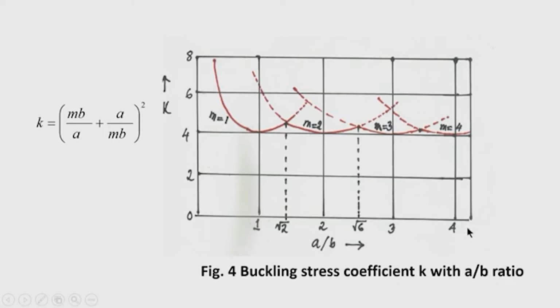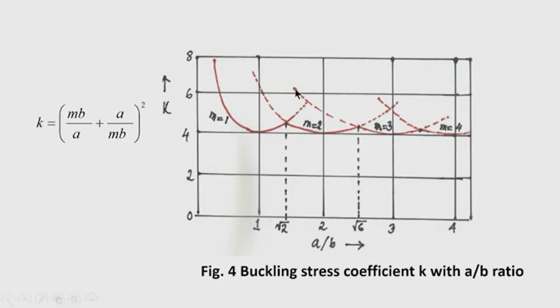For a very long plate a by b ratio is high, and up to 4 we have plotted. Okay. So, now you can see two branches of the curve: m is equal to 1 is taken for the first curve of buckling coefficient, and m is equal to 2 for the second curve. They intersect at some point.